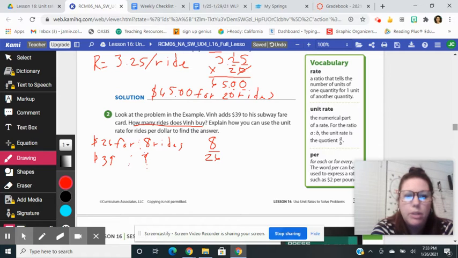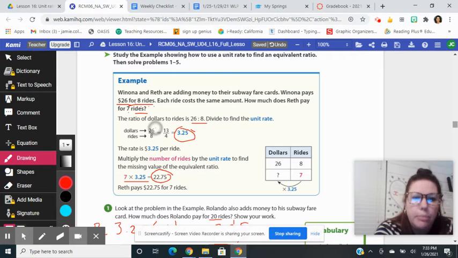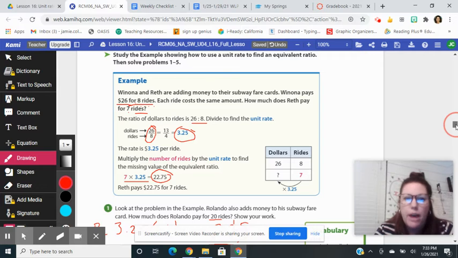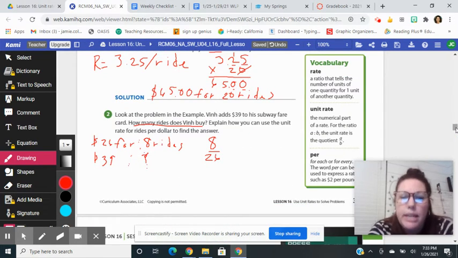So because I'm looking for how many rides, I'm going to do the opposite of what the example did up here. The example did 26 divided by 8 to find out the cost. We are going to do 8 over 26 so that we can find out how many rides he can do for $39.